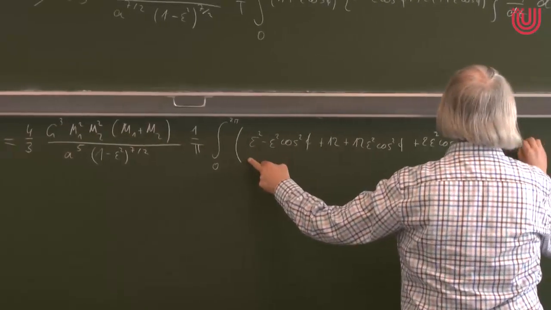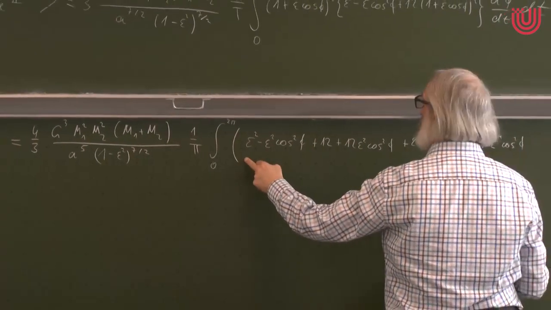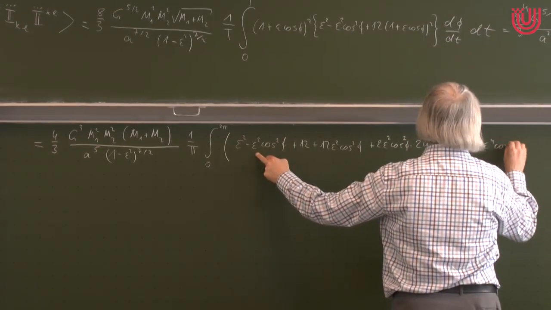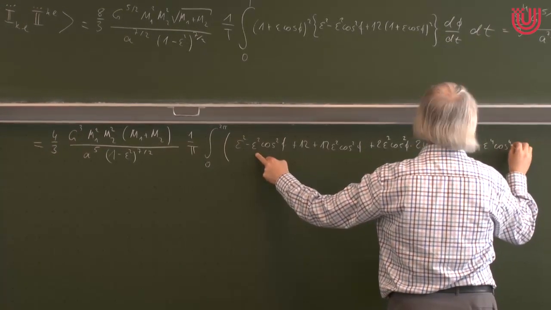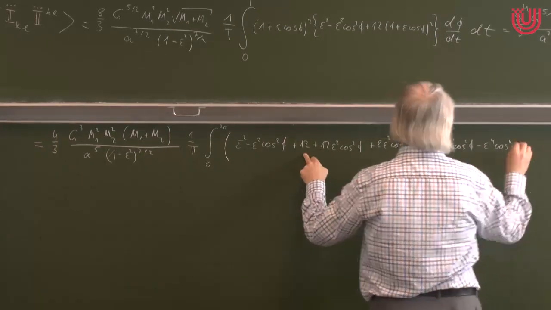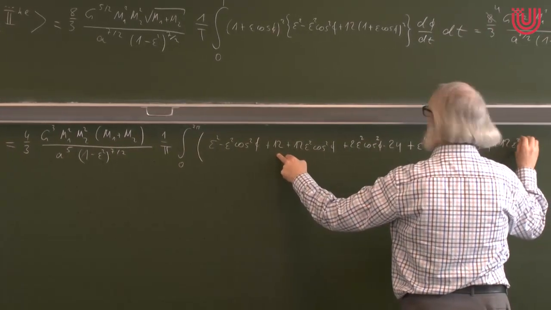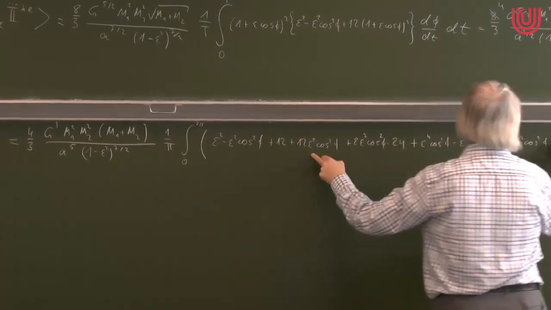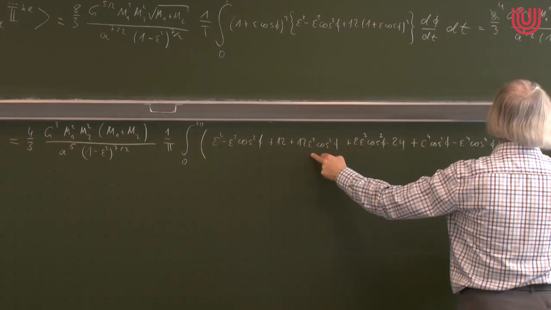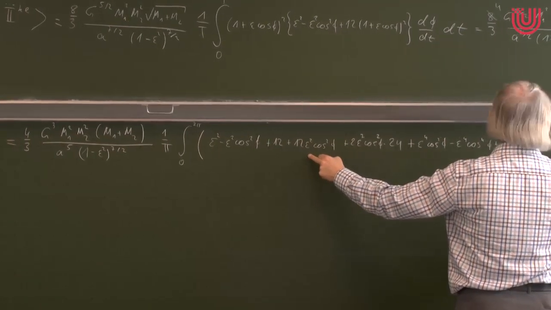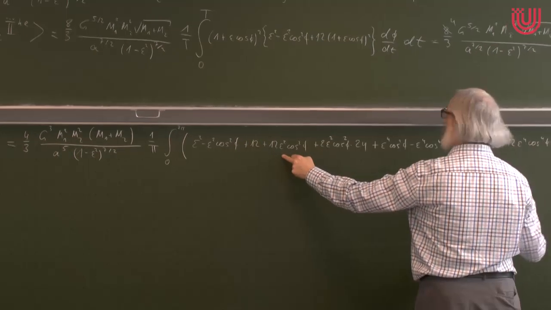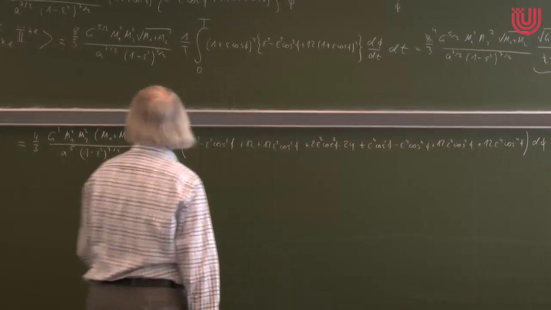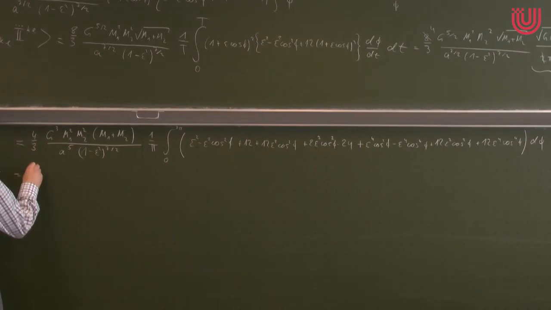So this gives an epsilon 4 cosine squared phi minus epsilon 4 cosine to the 4 phi plus 12 epsilon squared cosine squared phi plus 12 epsilon to the 4 cosine to the 4 phi. I guess that's it. And now I collect powers of epsilon, of course.